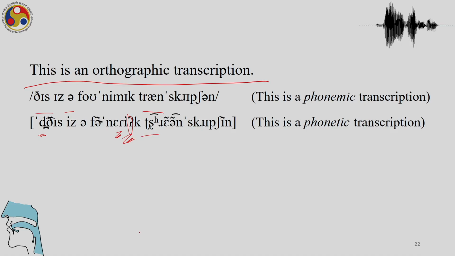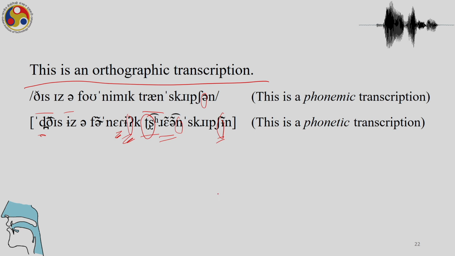So this will be an affricate and aspirated one, and then we have nasal symbols, and another nasal symbol here because of the following nasal. Also we see that the vowel here is different from the vowel here because of the position in which it occurs.